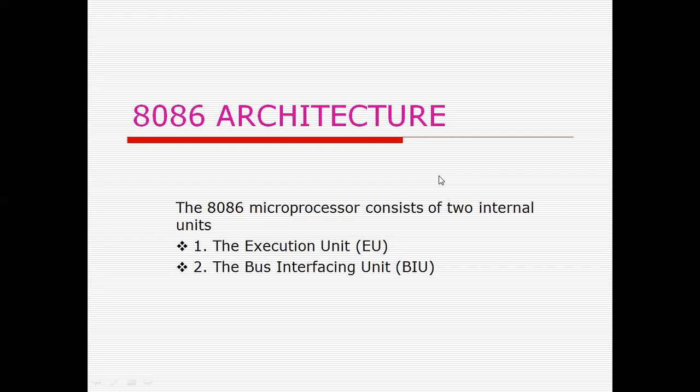So these are the external operations of the processor. Interrupting the processor to execute another task, and resetting the processor for some purposes and applications. And you can also request the processor to synchronize with slow peripheral devices.